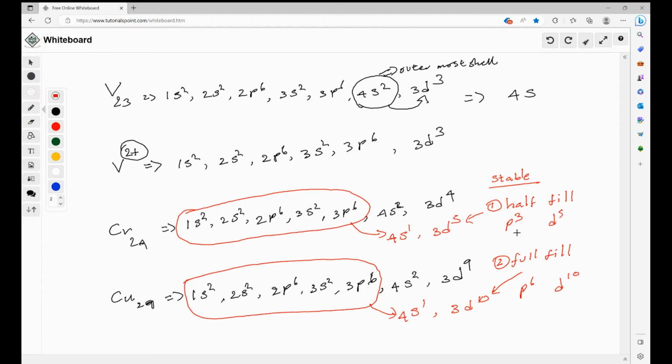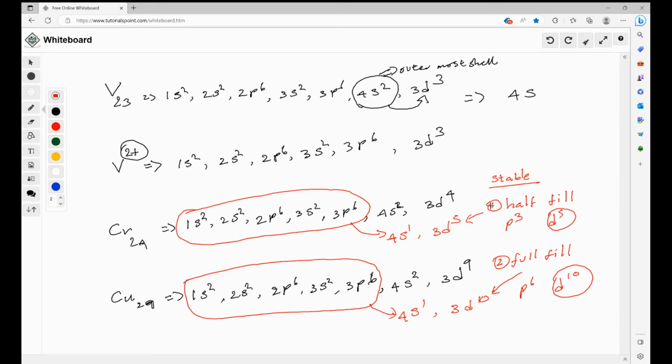This exception only happens in the d subshell. It never happens in p subshells and s subshells because of the energy levels. d subshells are very far away from the nucleus of the atom, and they have 5 energy levels. Hence, we say it can have some deviations. That means the 3d will borrow an electron from the 4s, and both of these become more stable. Why?